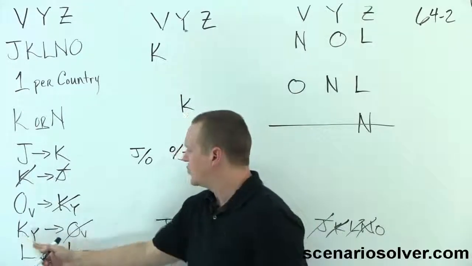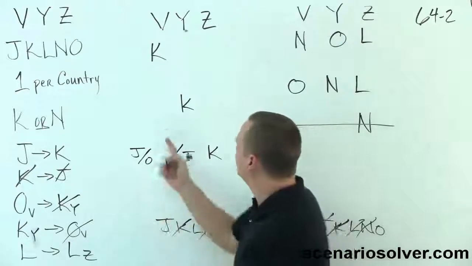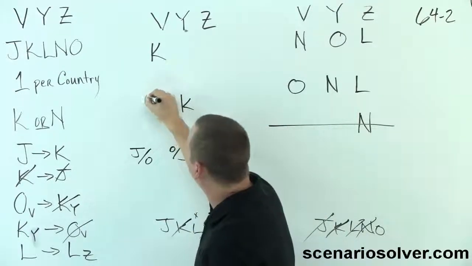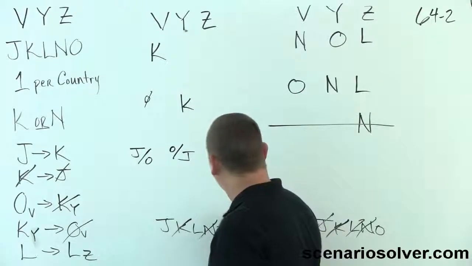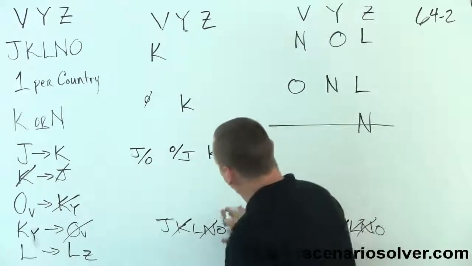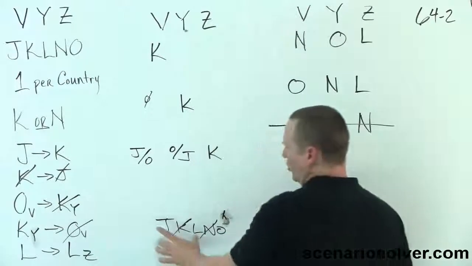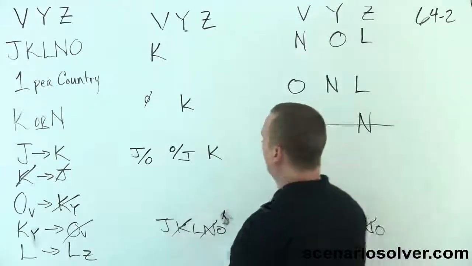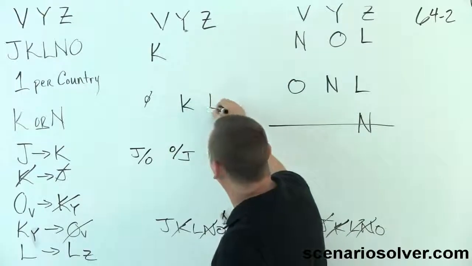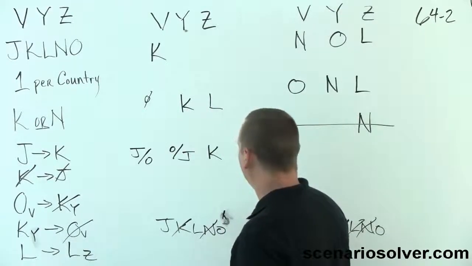If K is in Y, then O cannot be in V. So right here, we know that O cannot occur here. That means that O is out. Okay, O has been used up. We're left with J and L. Okay, so we place, and we know that an L can occur here. Okay, and then what does that leave us with?